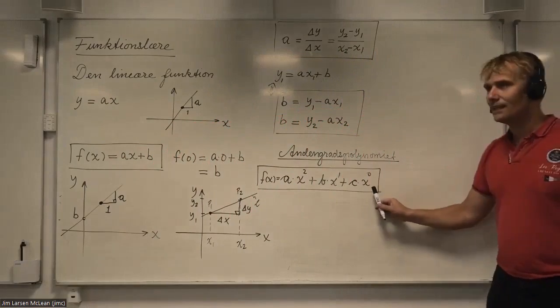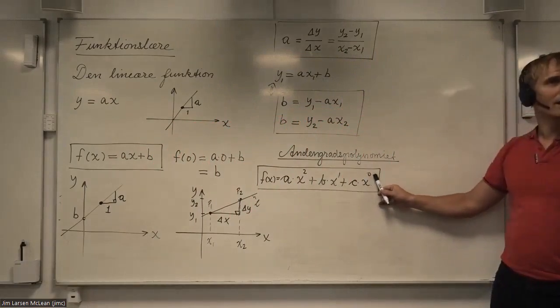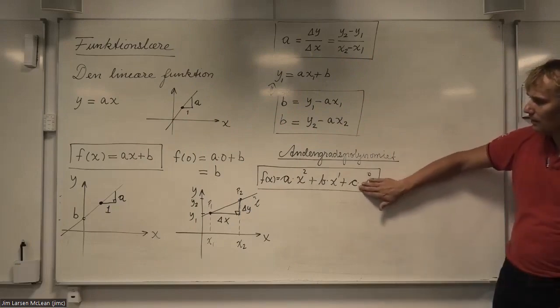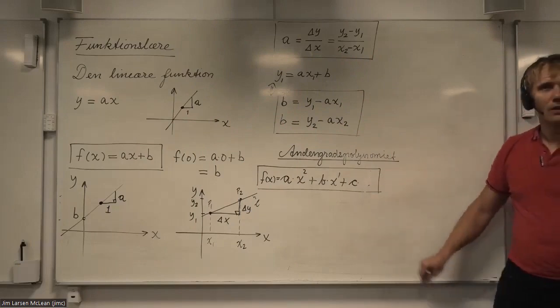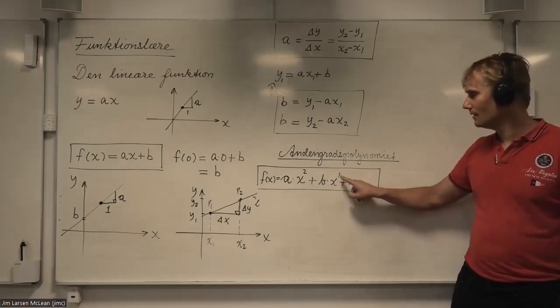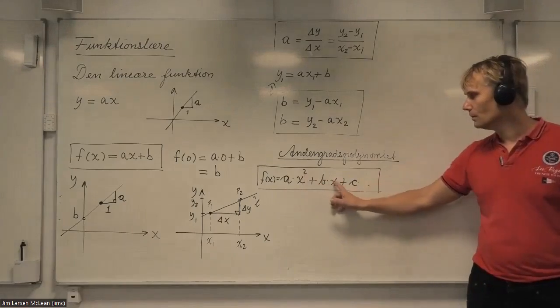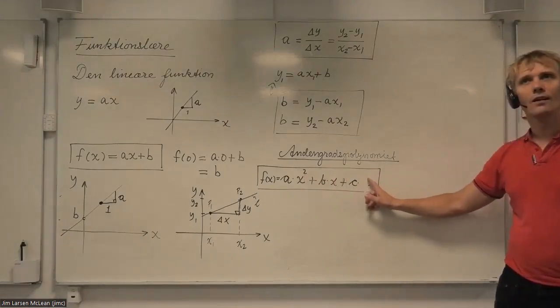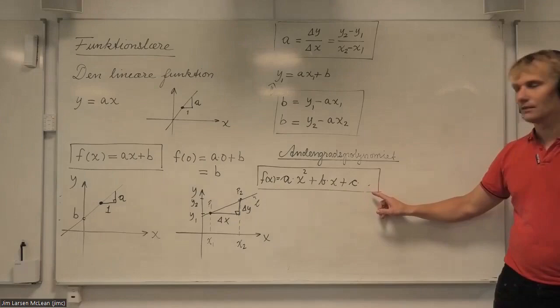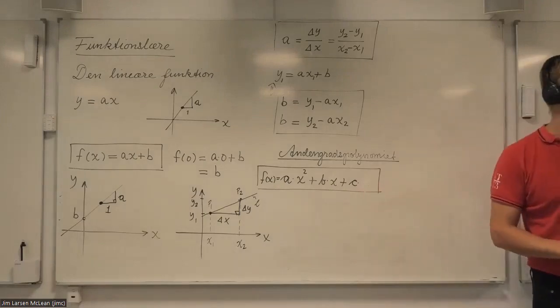But we learned in algebra that x to the power of 0 equals 1, and that's why we never write it. So get rid of that. And we've also learned that x to the power of 1 is x itself, so that's why we never write that. But you could see that the structure was 2, 1, 0. So these are decreasing exponents on x. Then you have a second degree polynomial.